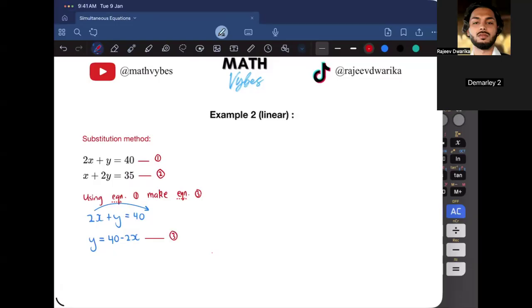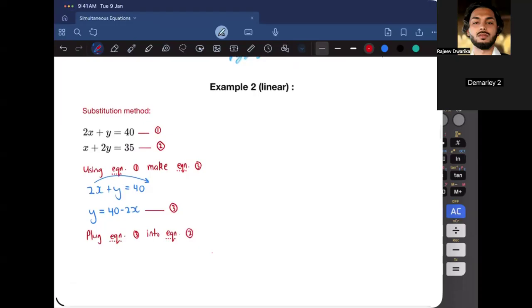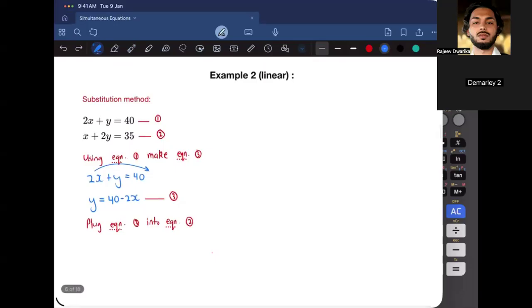I'm going to plug that into equation 2. Right. And so anywhere I see y in equation 2, what am I going to replace it with? 40 minus 2x.